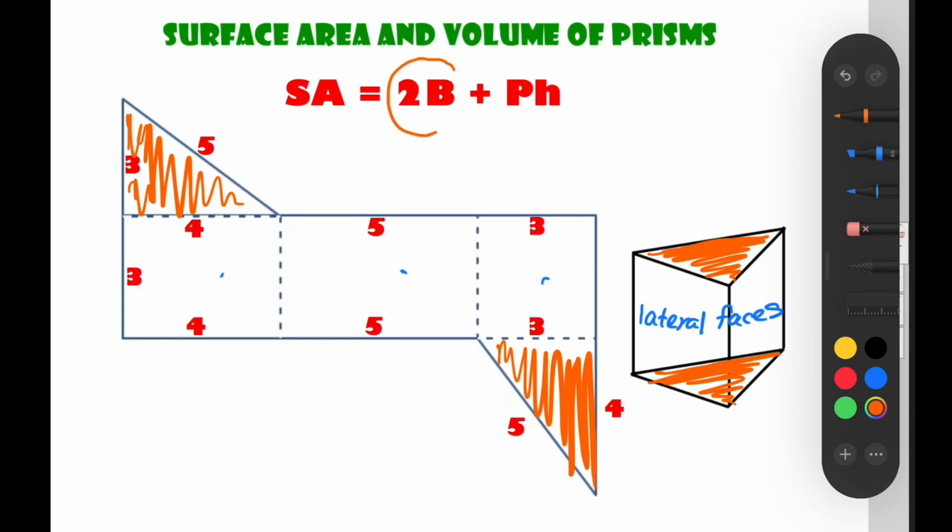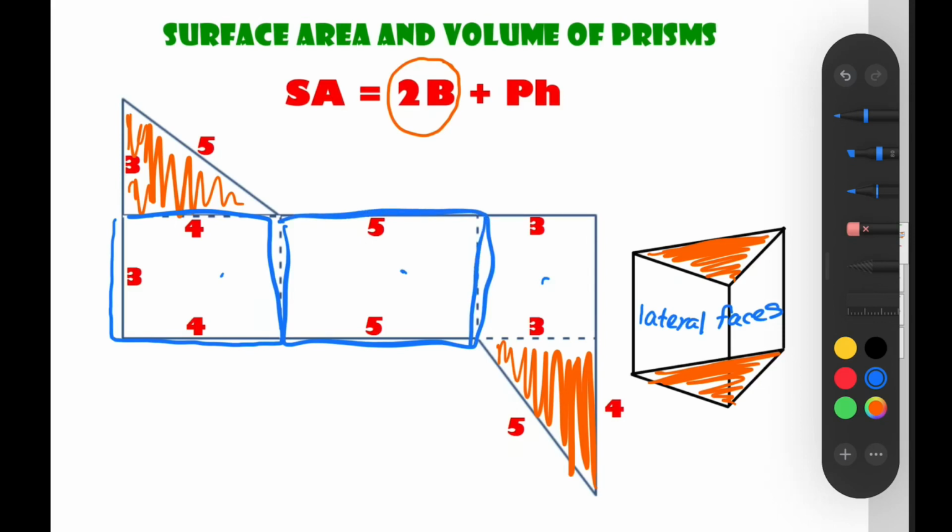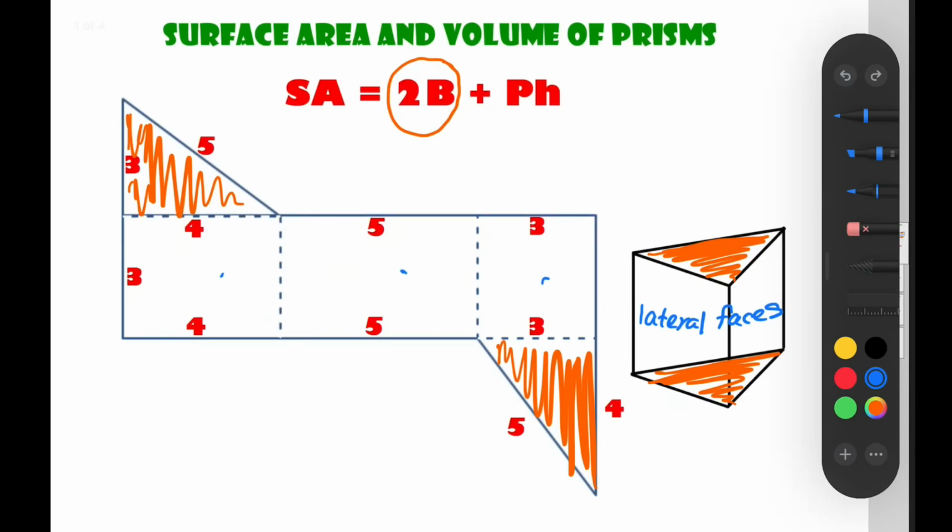So most people don't have a hard time understanding why the 2B happens because we have two base shapes, but let me talk to you about the PH. Do you see that we could find the area of each rectangle separately? And if we add all of those areas together, we would have the total surface of that prism. But there's actually a shortcut, and that is finding the whole rectangle area all together.